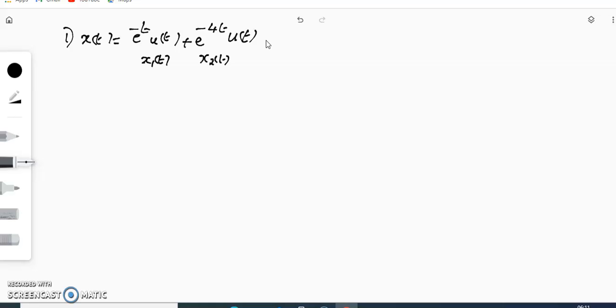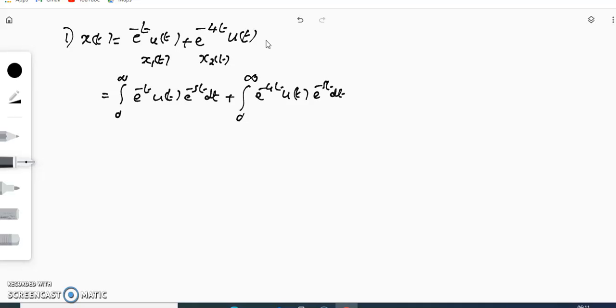So we can write the equation for Laplace transform for these two terms separately, that is integral 0 to infinity e raised to minus t u(t) into e raised to minus st dt plus integral 0 to infinity e raised to minus 4t into u(t) into e raised to minus st dt. Okay, you can write the equation separately like this.